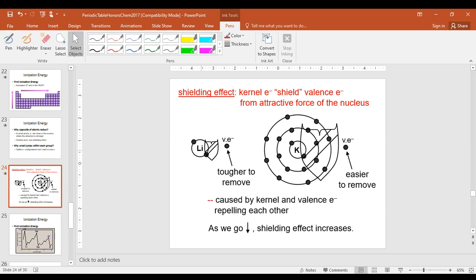We compare this to potassium. Potassium also has 1 valence electron, but has 3 energy levels in between that valence electron and the nucleus. There's a lot between that valence electron and the nucleus, so the valence electron won't feel the attraction of the nucleus as strongly because there are so many energy levels in between.